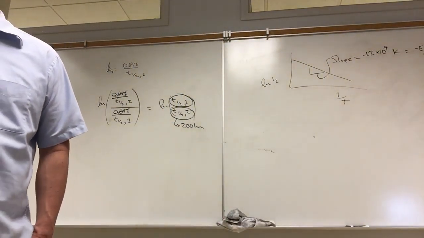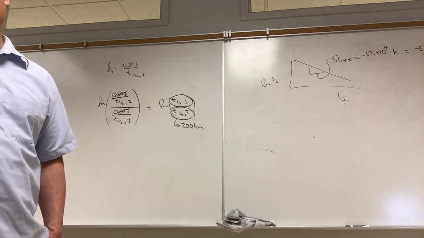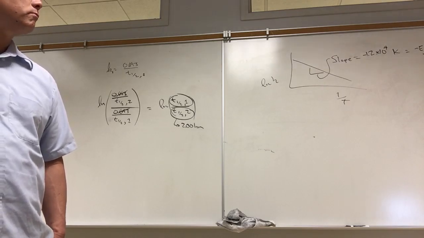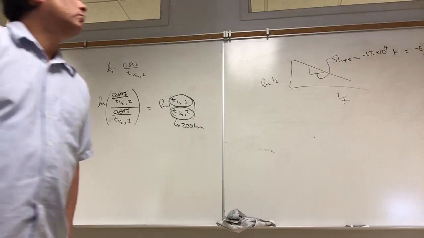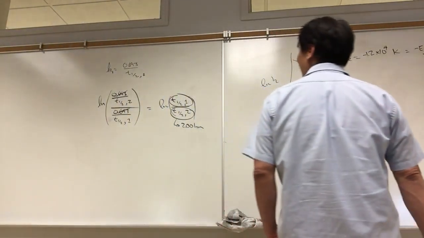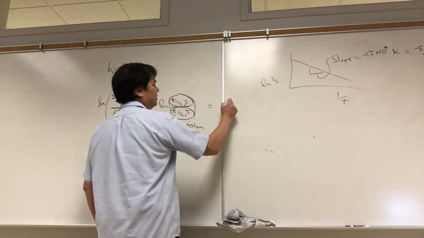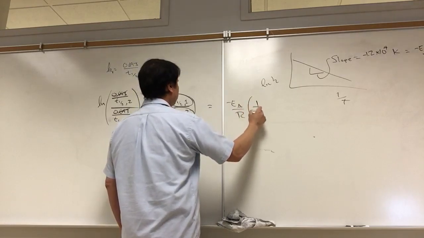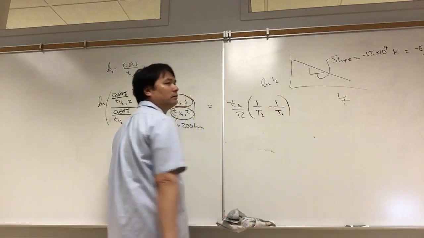And then what else do we need? Well, if that's equal to minus E sub A over R, then we have that here, because this is just going to equal minus E sub A over R, times 1 over T2 minus 1 over T1.